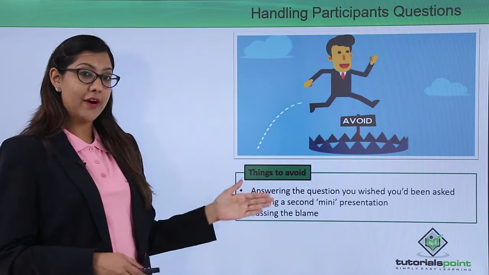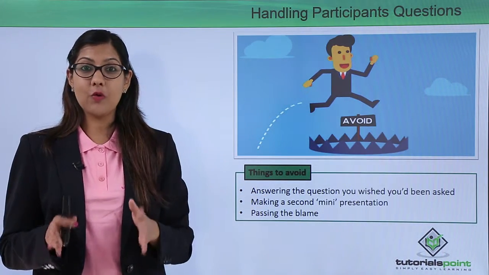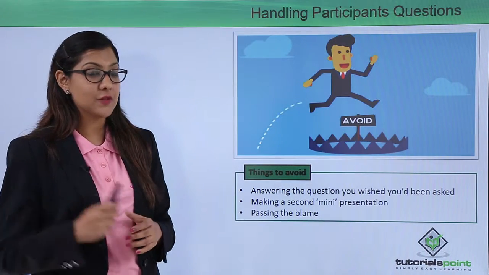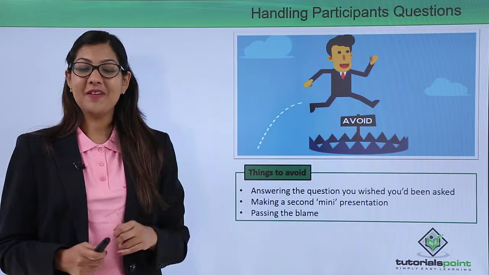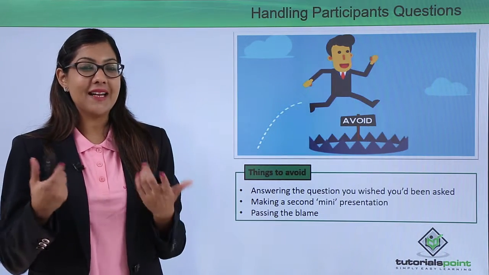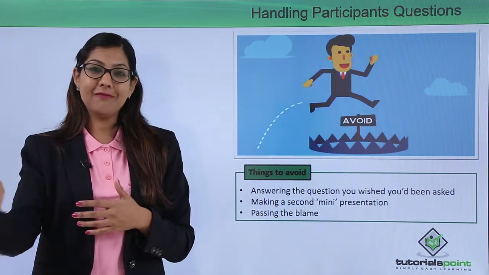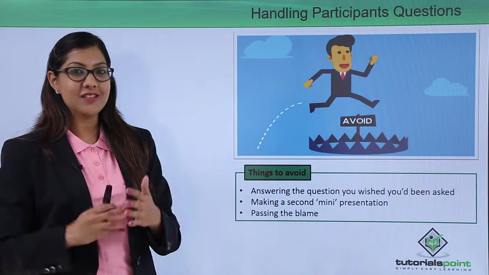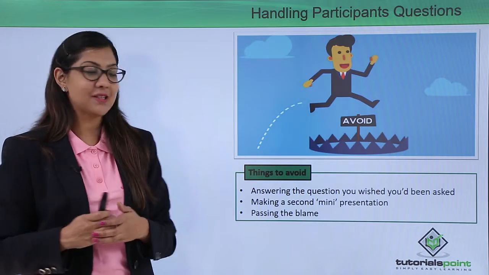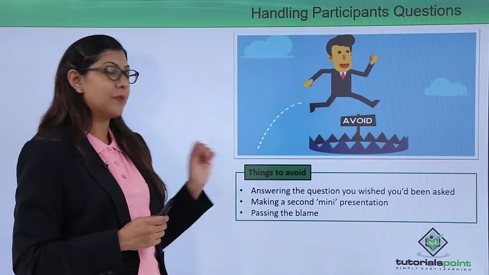Well, these are definitely things you want to avoid when you're handling a participant's question. Answering the question you wished you had been asked. Well, a lot of times it happens that we might think, why weren't we asked that particular question? Do not wish it. Just answer the question which was asked. Making a second mini presentation.